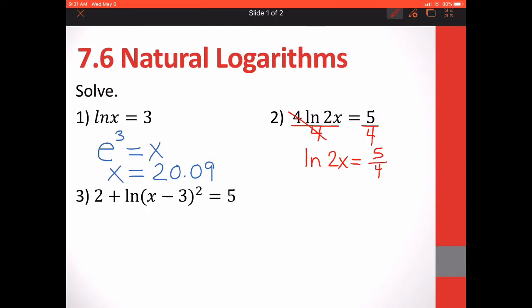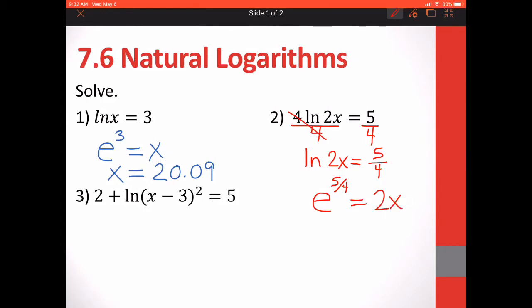We don't want to round any decimals until the very end. Now I have one single natural log of 2x, so I change it to exponential form. My base is e to the 5 over 4 power equals 2x.